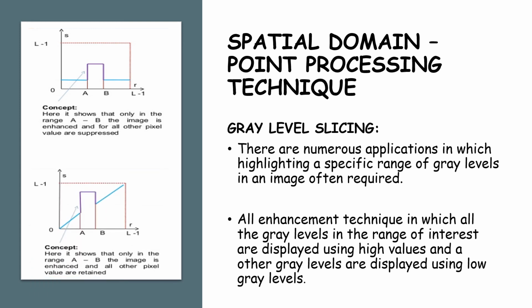Now this diagram tells you the second approach. It is based on a transformation function. This transformation function brightens the desired range of gray levels but preserves the background and the gray levels in the image.